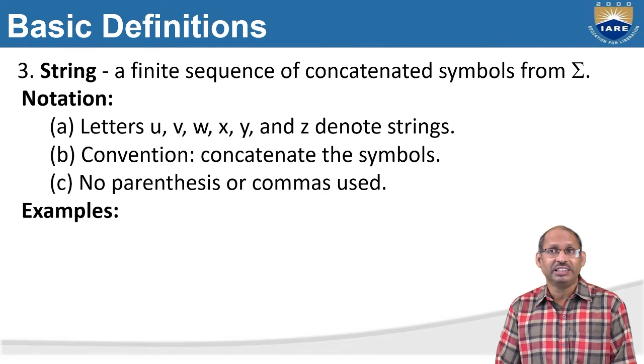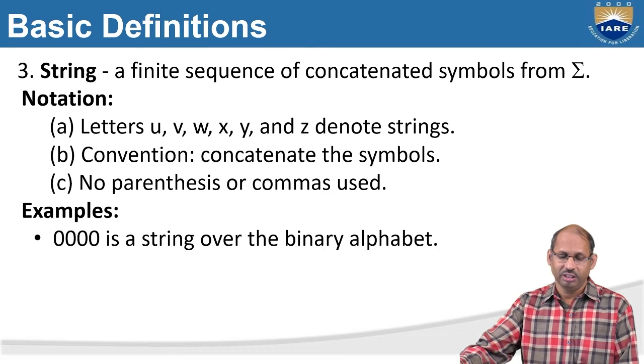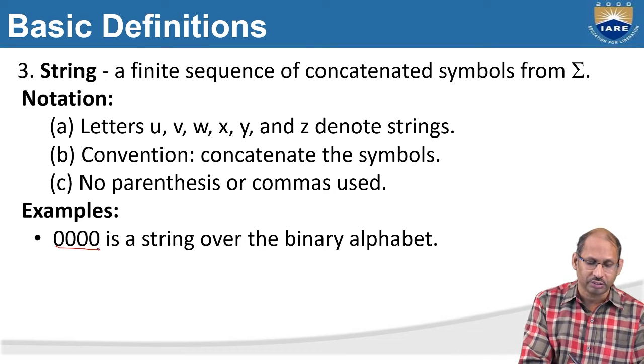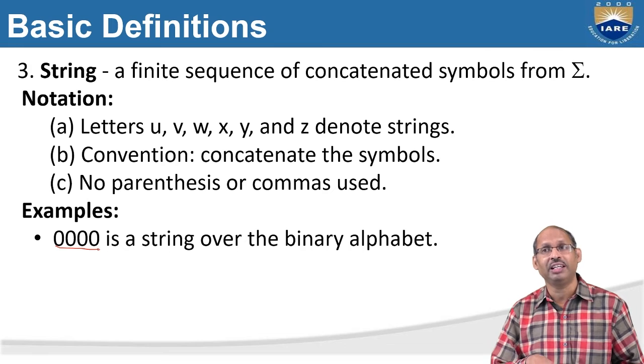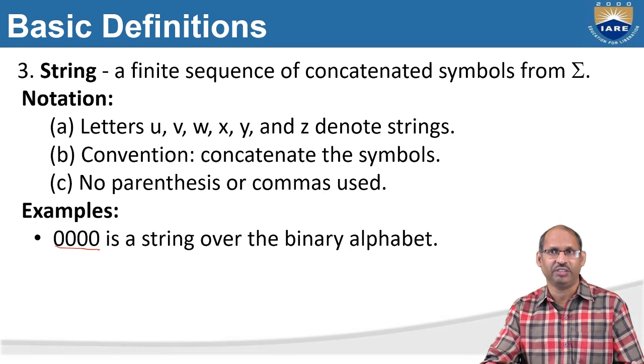No parentheses or commas are used. We'll see examples. Here these four zeros are a string over the binary alphabet. What is a binary alphabet? Zeros and ones. So it is a string consisting of four zeros from the alphabet 0 and 1.